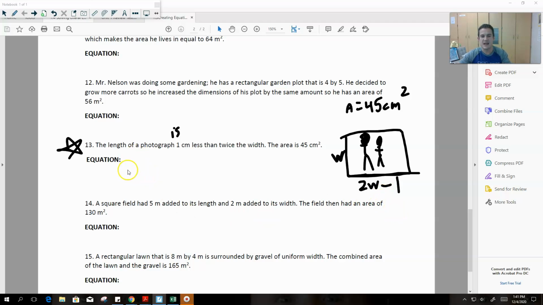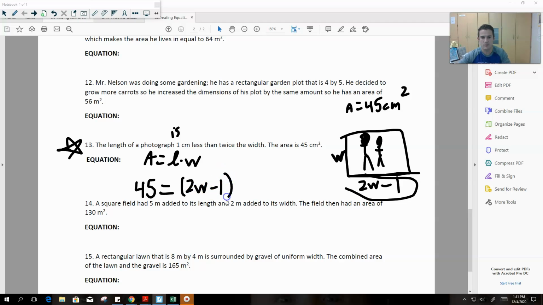So that means the area, again, area is equal to length times width. Area of a rectangle, this rectangular photograph is length times width. And the area we were told was 45 centimeters squared. So 45 is equal to the length, which we determined was 2W minus 1. I'm going to write that in parentheses.